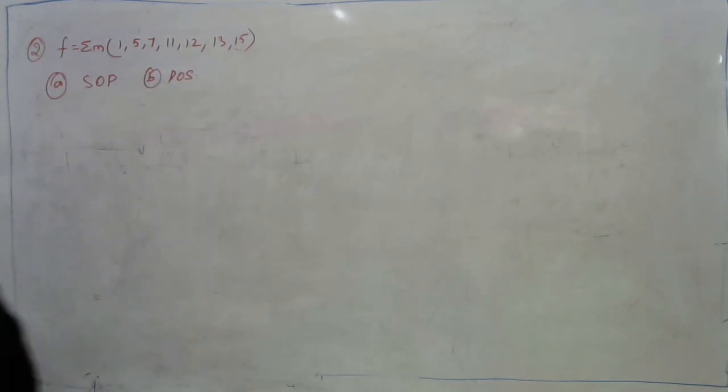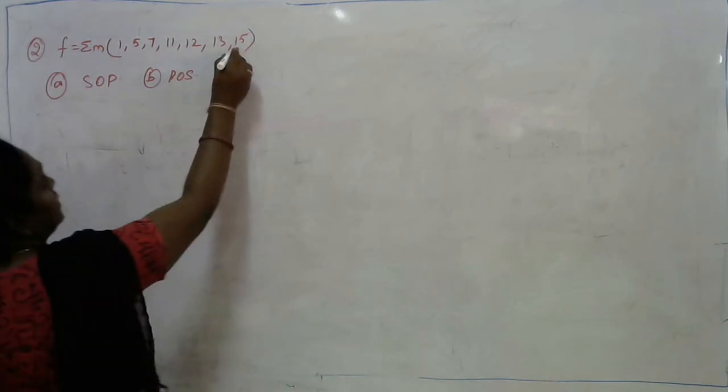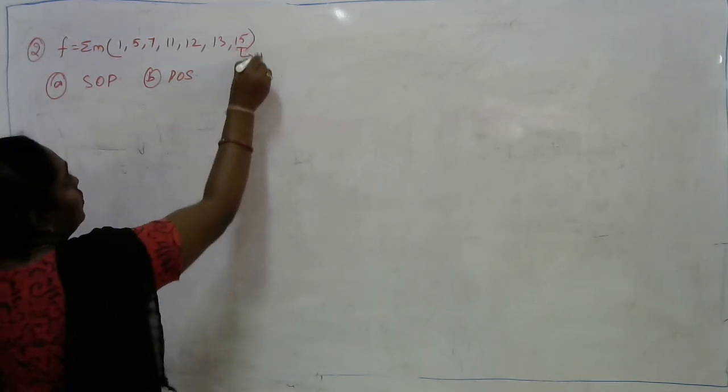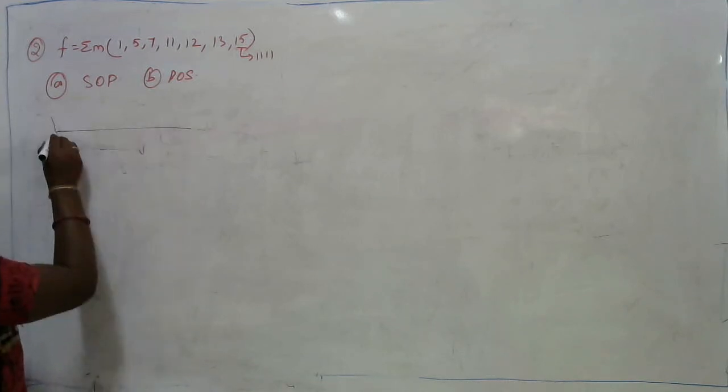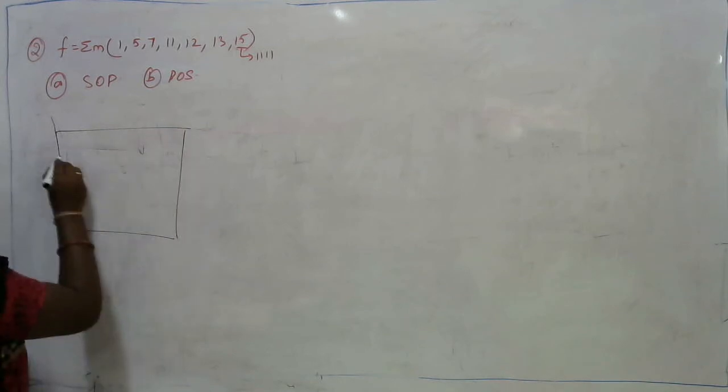Now let us see the simplification in SOP. So the highest digit is 15. The 15 equivalent is 4 ones. So the 4 ones represent that I need to use a 4 variable K-map. So I am drawing a 4 variable K-map.